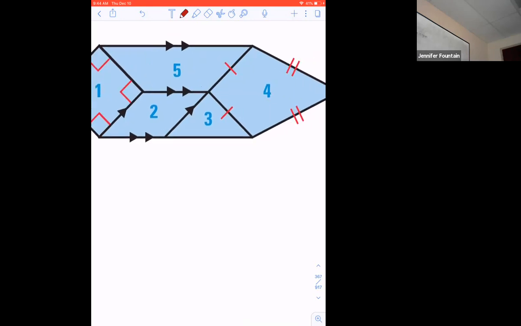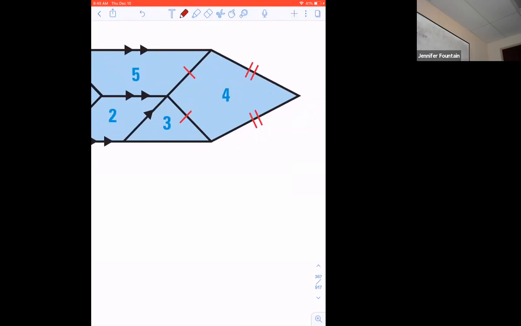Look at region 3. What kind of shape do I have? Triangle. What's my formula? A equals 1/2 base times height. A equals 1/2 BH. What is number 4? What kind of shape do I have? A kite. What is my formula for a kite? 1/2 D1 times D2. Area equals 1/2 diagonal 1 times diagonal 2.